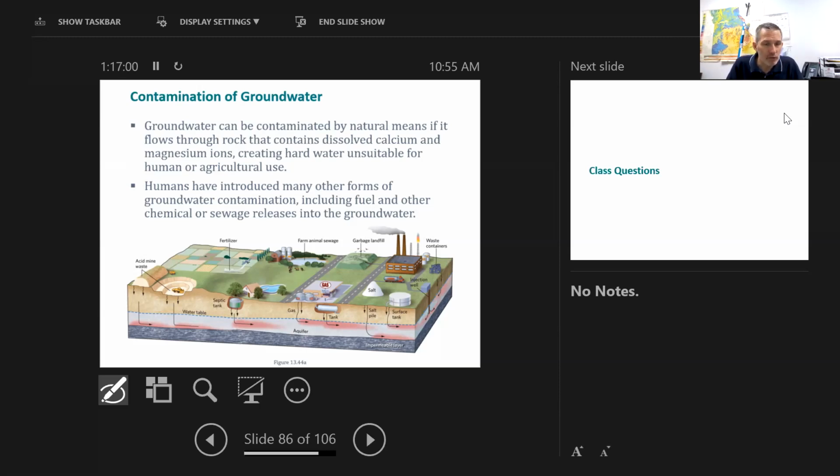Here are some common sources of groundwater contamination. We have acid waste mines. A lot of times we'll use acid to remove elements out of certain minerals, and that leftover acid can get into the groundwater.